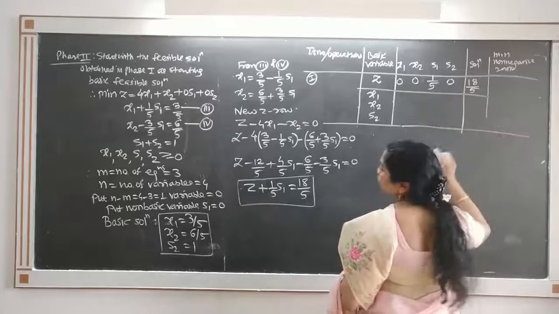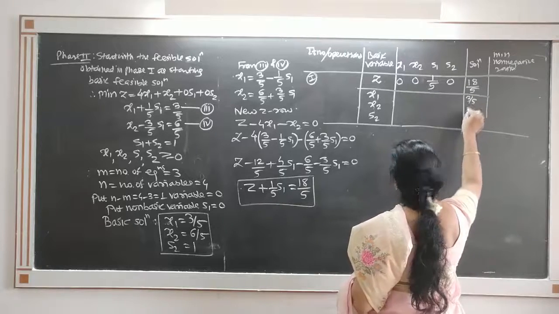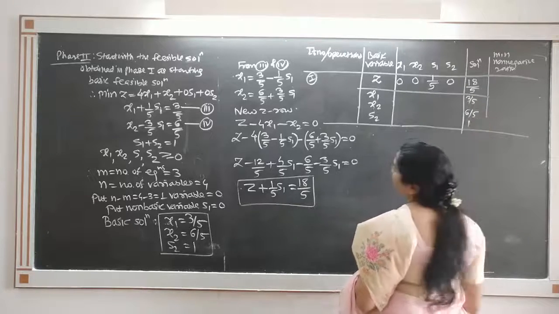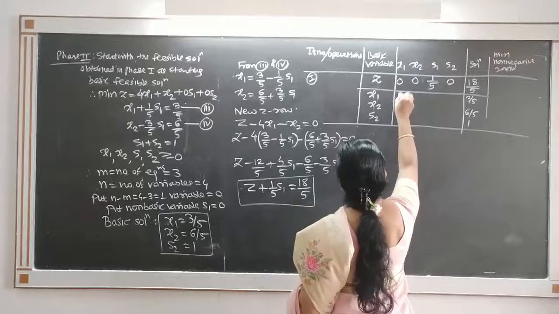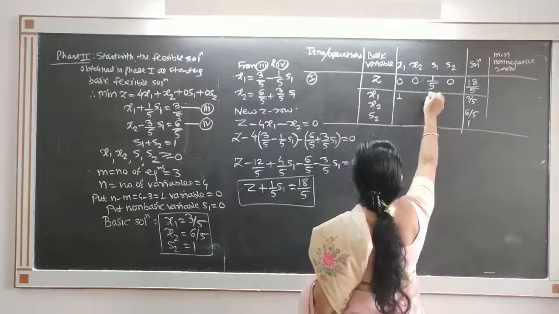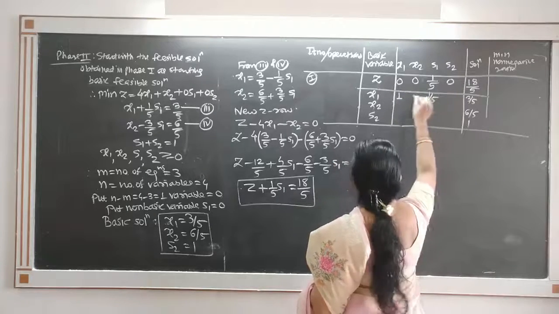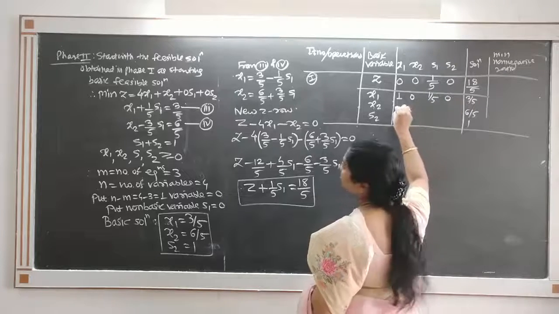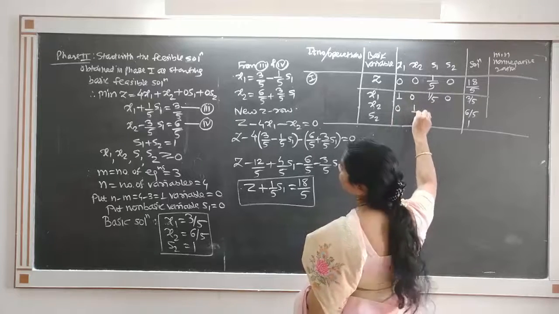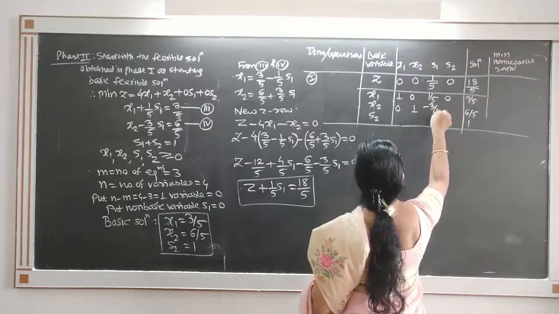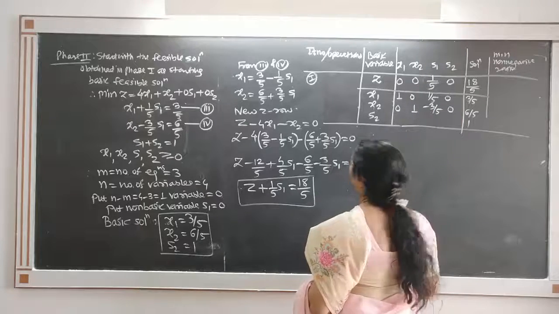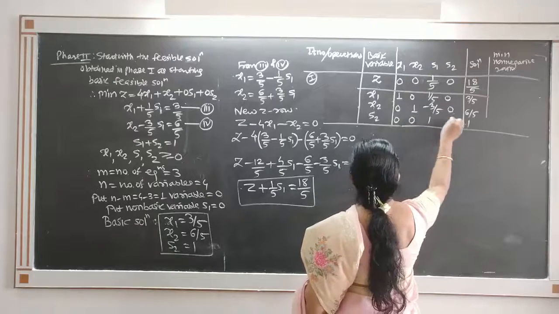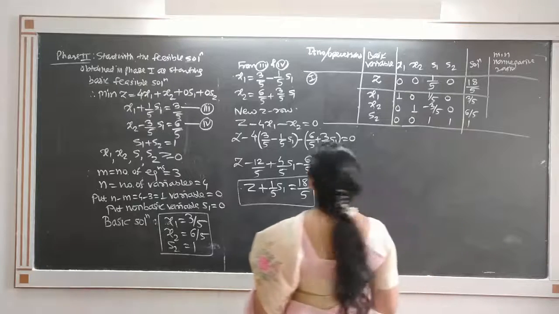The basic solution is 3 by 5, 6 by 5, 1. The first constraint is x1 plus 1 by 5 S1 equal to 3 by 5. The second constraint is x2 minus 3 by 5 S1 equal to 0. And the third constraint is S1 plus S2 is equal to 1.